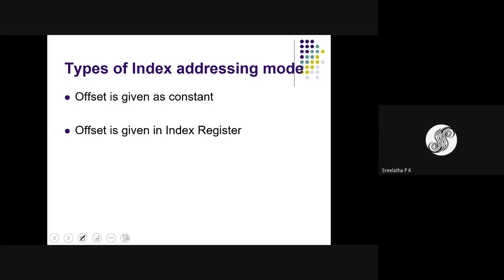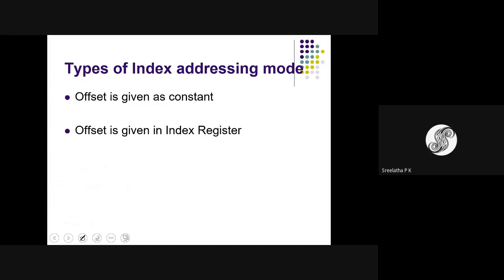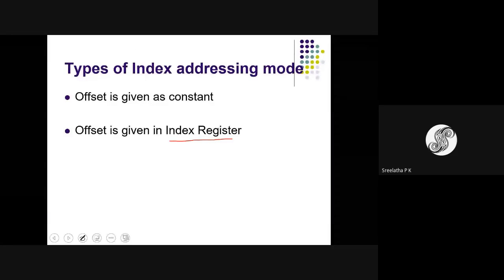In one case, the offset is given as a constant value, that is X, the offset value is given, and in the other case the offset is given in the index register. So the offset, that is 20, is stored within this register. Okay, so those are the types.